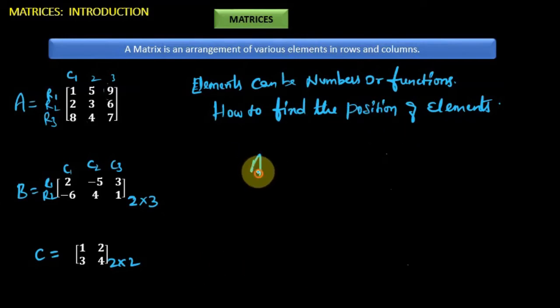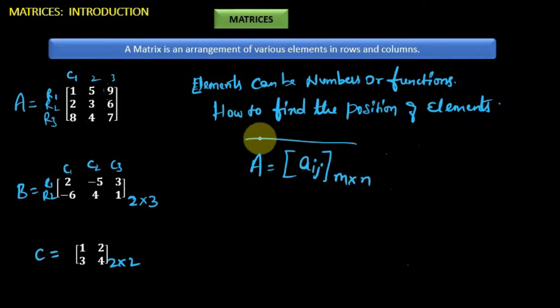Suppose A is my matrix and the elements will be a_ij, with order M cross N. So this is the general form of representation of any matrix.